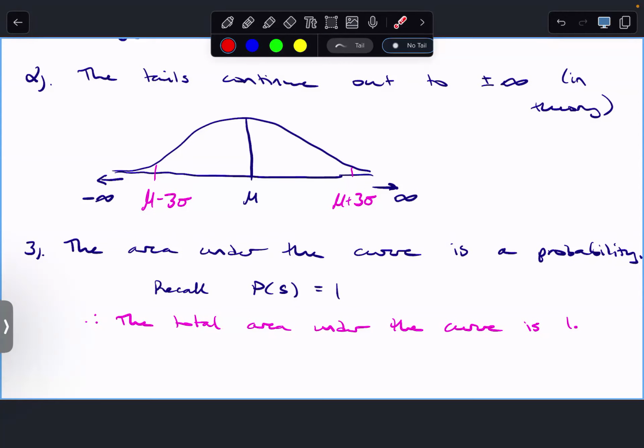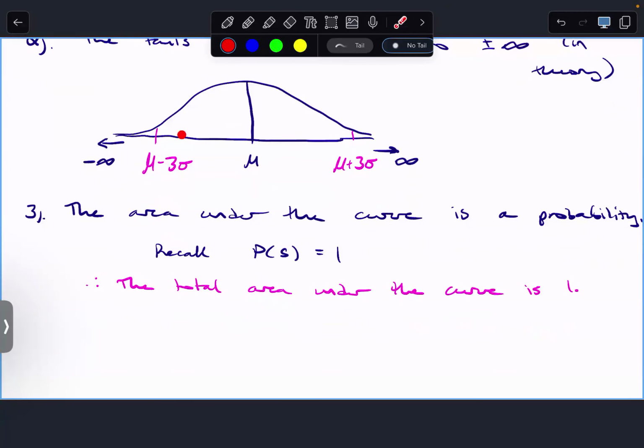But we can then use the fact that the area under the curve represents probabilities, and knowing the total probability is 1, right? Then what can I do? I can slice and dice this thing into areas that I want to find the probability of.